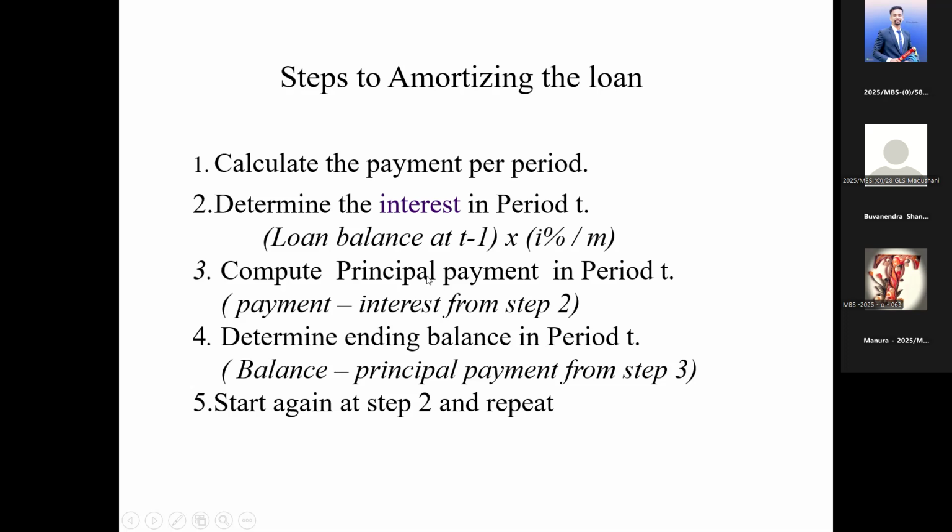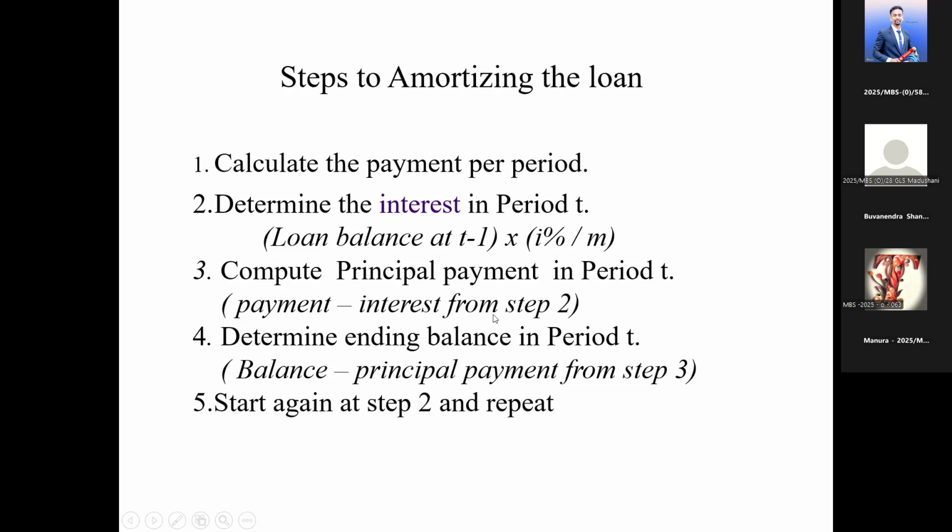Then compute the principal payment for today's period: the installment PMT calculated in the first step, minus the interest payment from the second step. That is the principal you paid.